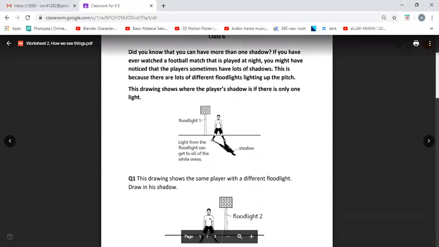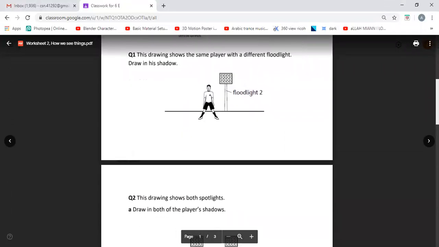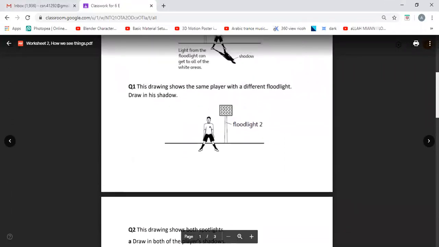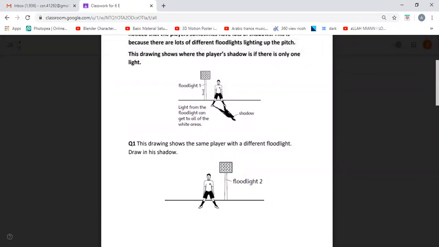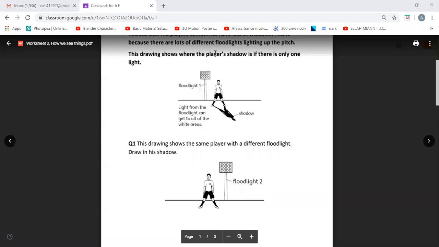Okay. So now question number 1 says, this drawing shows the same player with a different floodlight. Draw his shadow. So now the light source is over here. First the light source was over here and now it is over here, right? So where do you think the shadow is going to form? I'm going to use a black color since we know that shadows are only of black color.